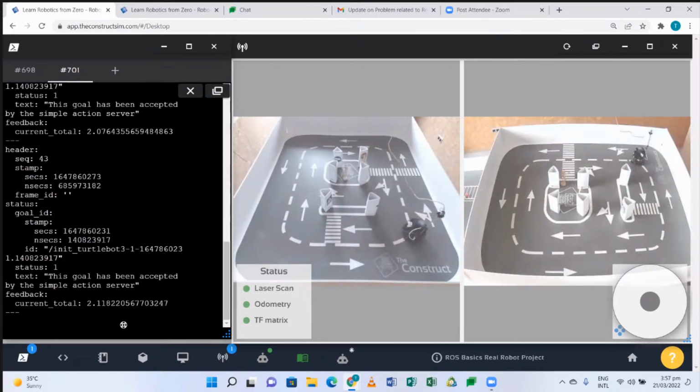Now the current total distance it has traveled is around this. So that current total is the distance it has traveled? Yes. Okay. Looks like really smooth movement. Nice. Thank you.